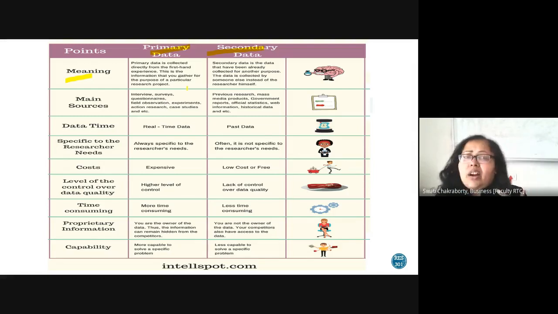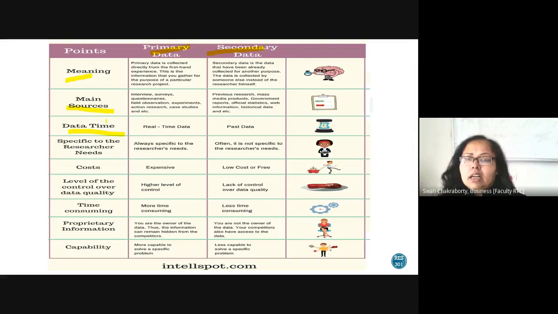So it's not for our purpose, but someone else's purpose. The main sources of primary data are interviews, surveys, questionnaires, field observation, experiments, action research, case studies, and so forth. For secondary data, the sources are previous research, mass media products, government reports, official statistics, web information, historical data, and so forth.